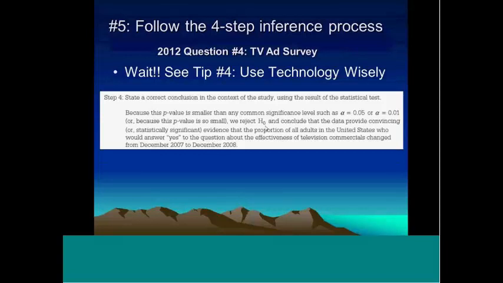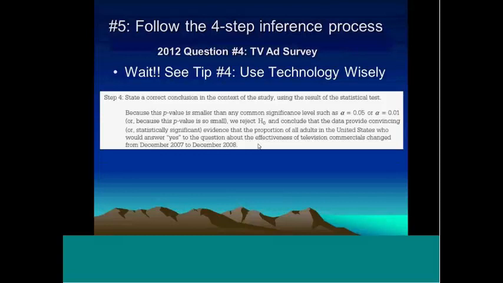So in this case, we do have convincing evidence that the proportion of all adults in the U.S. who would answer yes to the question changed from December 2007 to December 2008, which answers the original question. Notice that it says who would answer yes. A lot of the students got caught up and said things like, who answered yes.